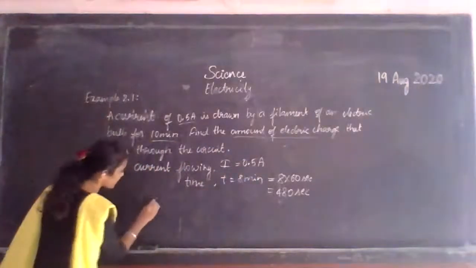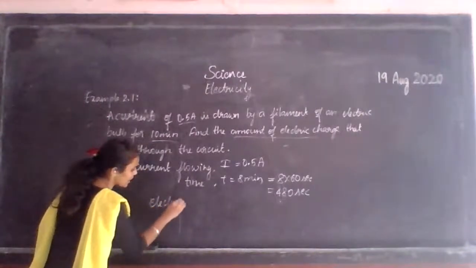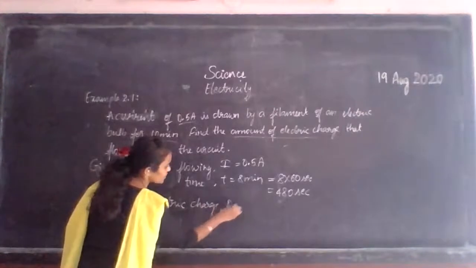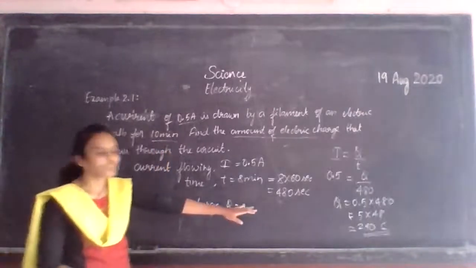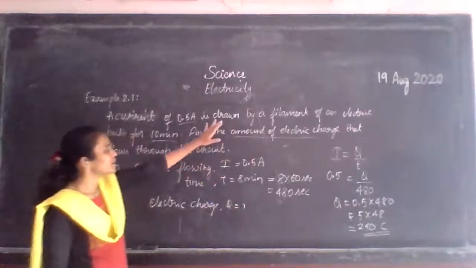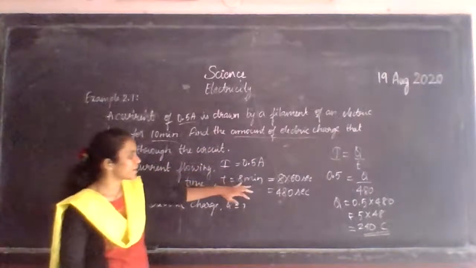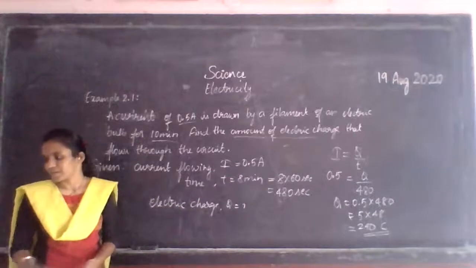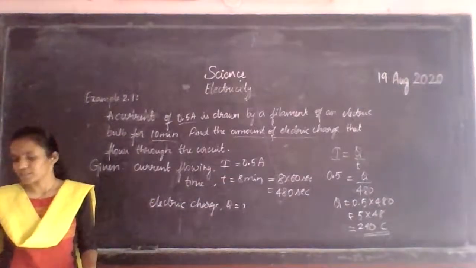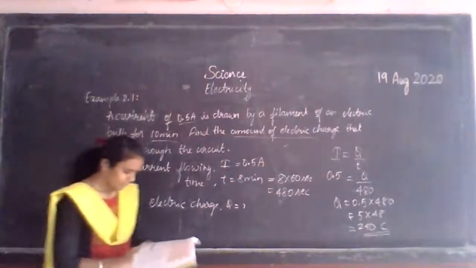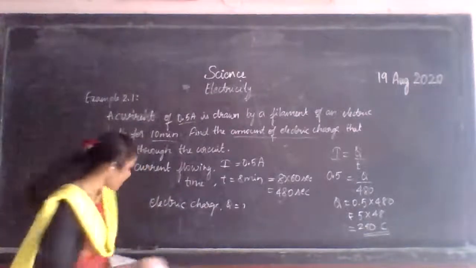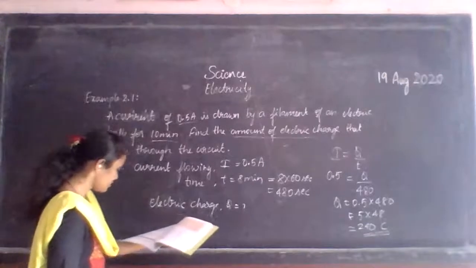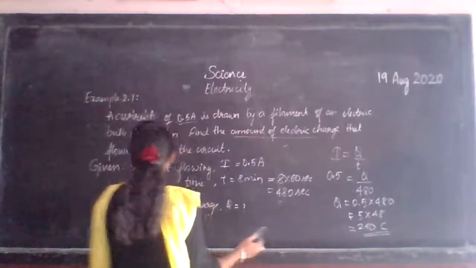Now I have to calculate the electric charge Q, the question mark: the charge flowing through a filament bulb when it is run for the given time and the current flowing through it is 0.5 ampere. Oops, sorry. This is 10 minutes.